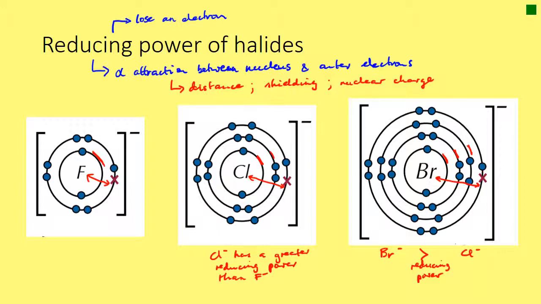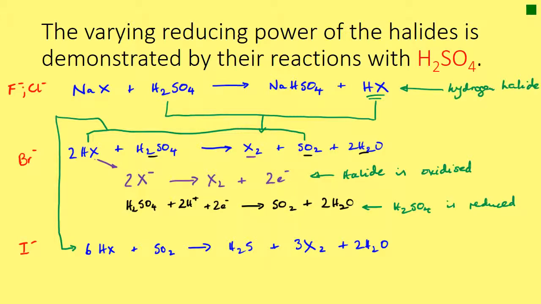And iodide would follow the same trend. It's even bigger and would be the strongest reducing power halide. So that was a theoretical explanation of the reducing power of the halides, i.e. that they increase from fluoride through to iodide in reducing power.